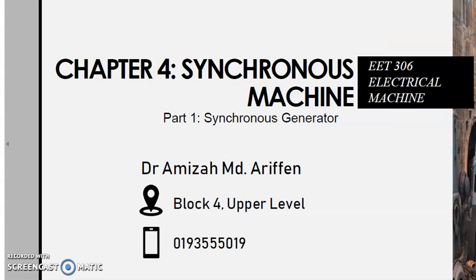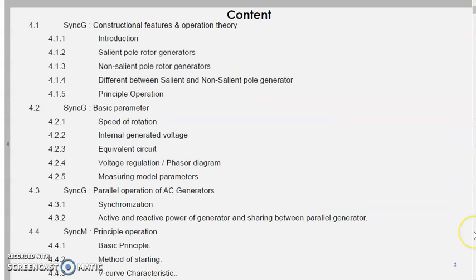Okay, then this is your slide. Okay, we shall discuss in terms of the sequence here. So the content will be the construction of the generator, then the basic parameters of your machine, then the parallel operation of your generator.